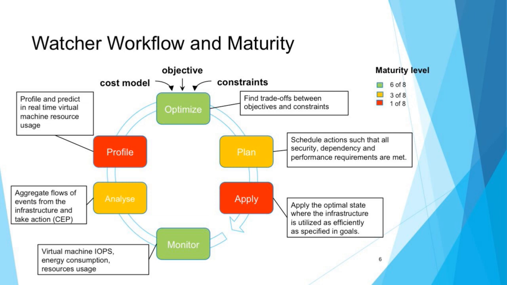What that piece is doing is finding the trade-offs between the objectives that the user has in terms of quality of service and the constraints, which are what are the nodes that are available in your cloud and what is fitting where. Then once it's done this type of analysis, it's going to come up with a plan. And the plan is going to be what are the actions that need to be performed in order for you to get a better performance out of your cloud.